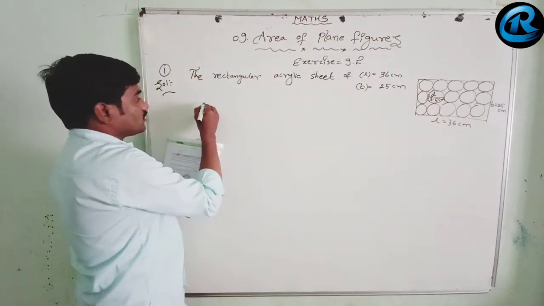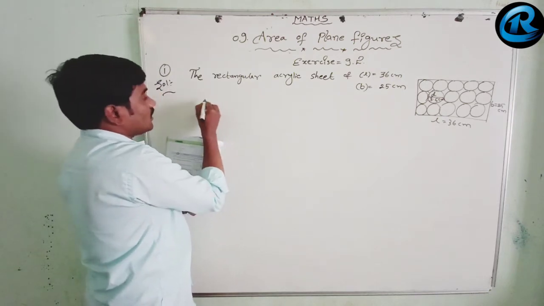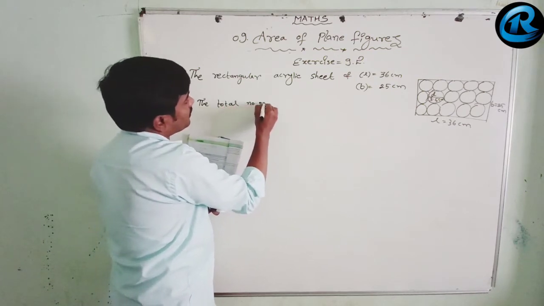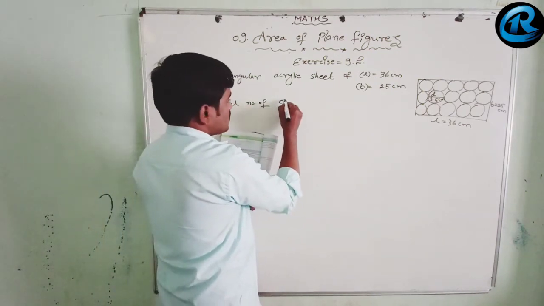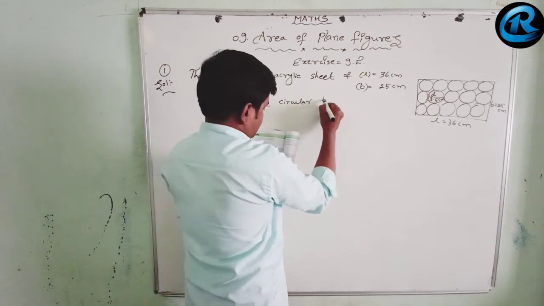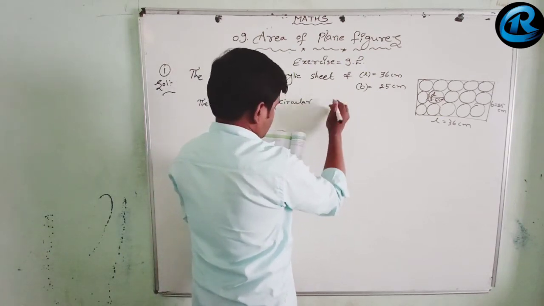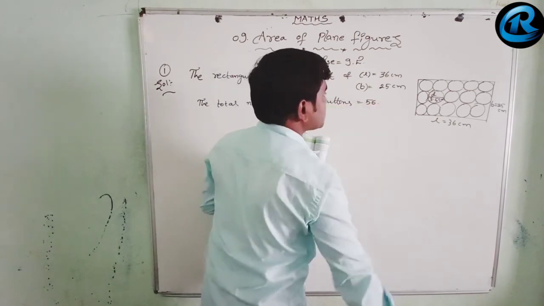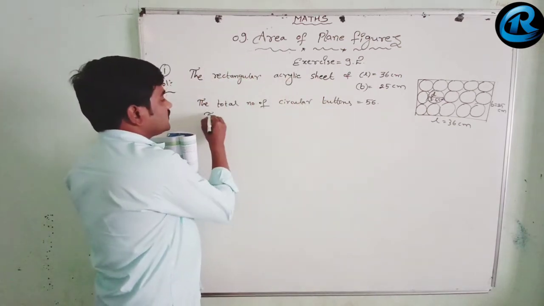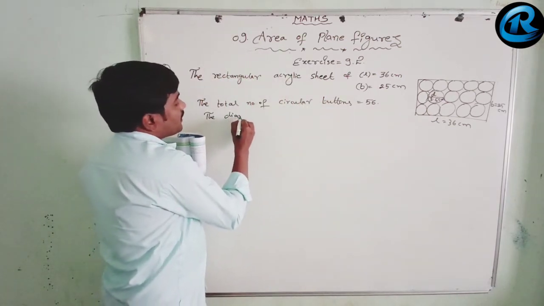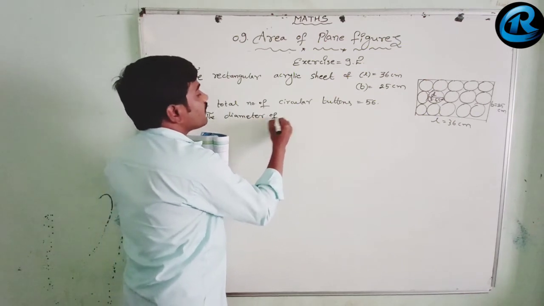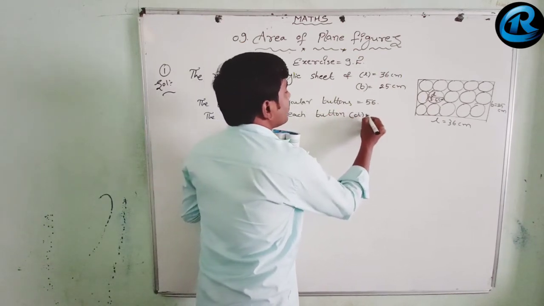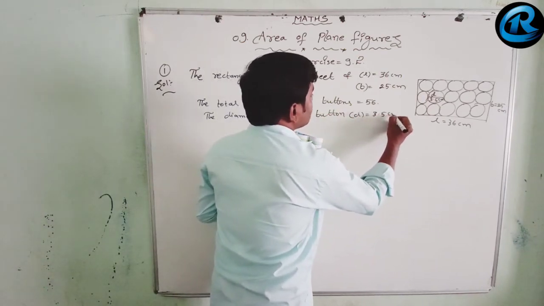The total number of circular buttons cut out is 56. The diameter of each button, D equal to 3.5 centimeters.